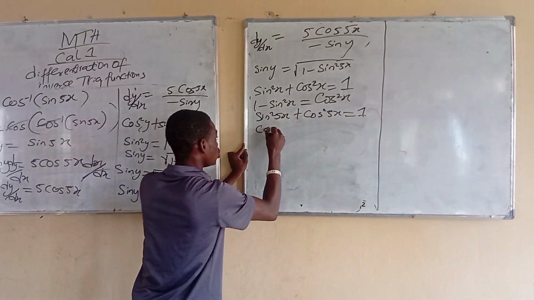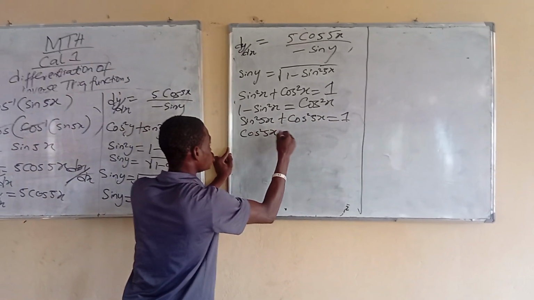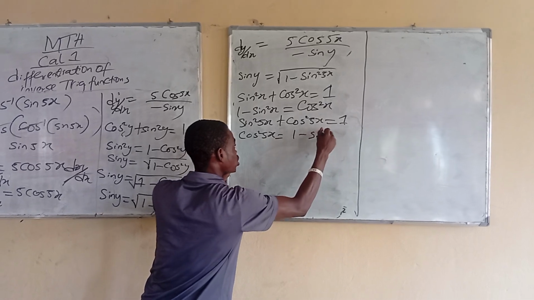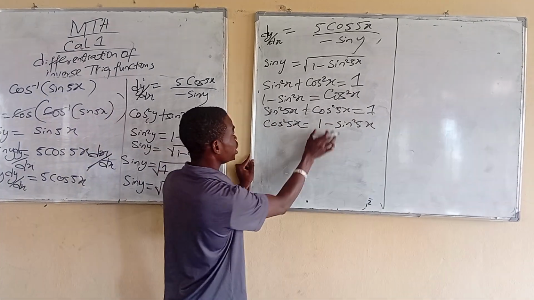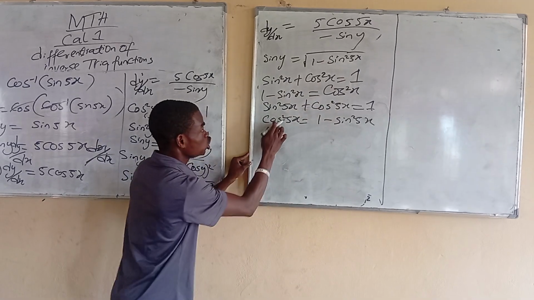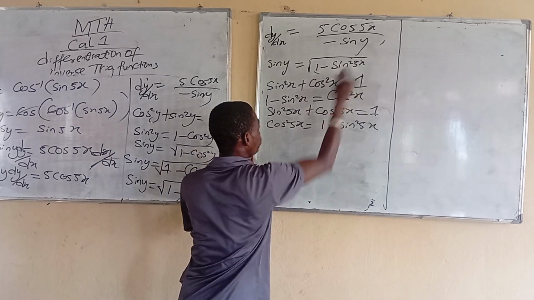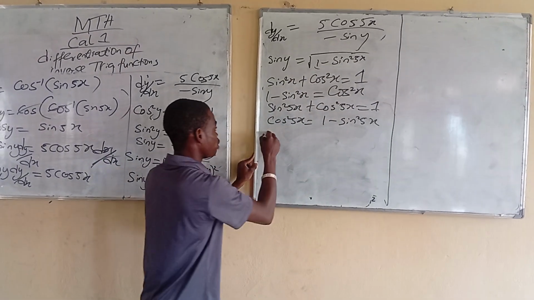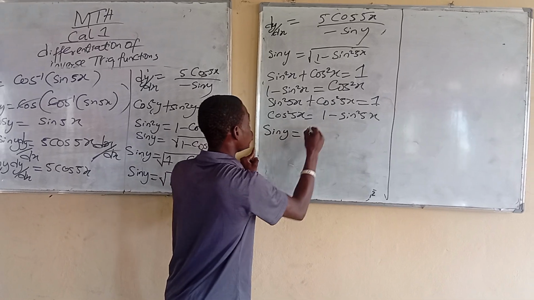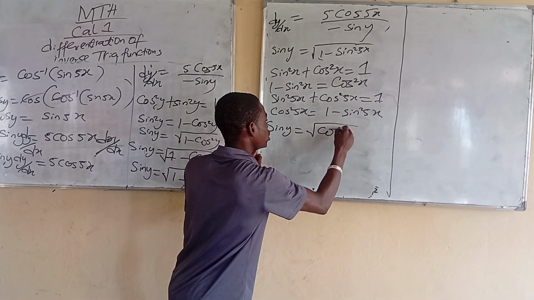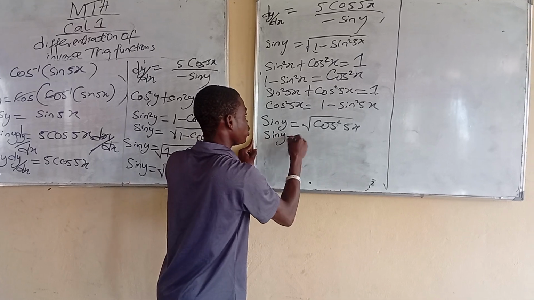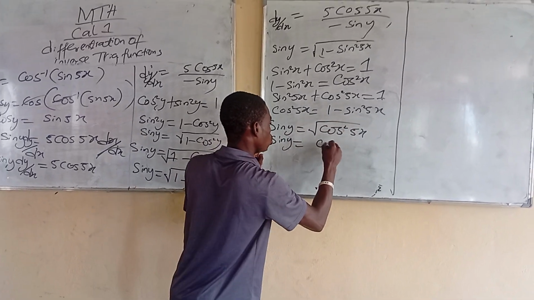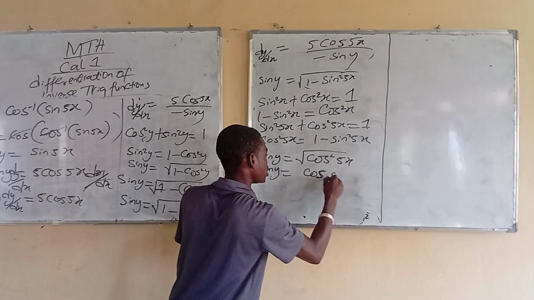So your cos squared 5x equals what? 1 minus sine squared 5x, right? So just bring it here. That means the whole of this will be replaced with cos squared 5x, so that your sine y equals square root of cos squared 5x. So that sine y equals just cos 5x.